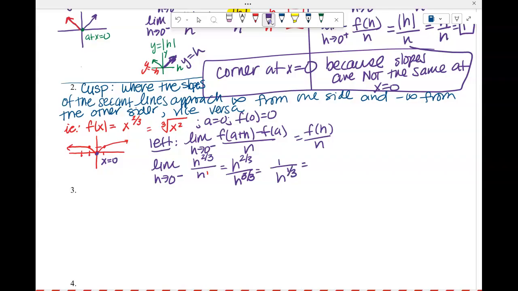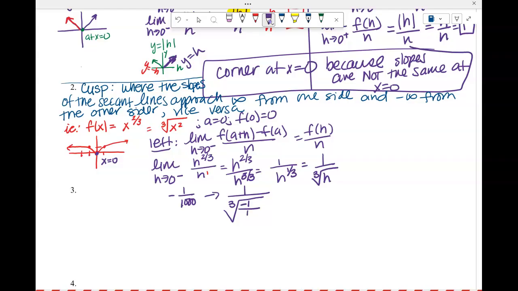Now, if I want to write it as a radical, because some of us work with radicals a little bit better, okay? So h is approaching 0 from the left, so I'm going to pick negative 1/1000. If we were to plug it in, we get 1 over the cube root of, and remember this is a negative, okay? It's okay to have a negative under a cube root.